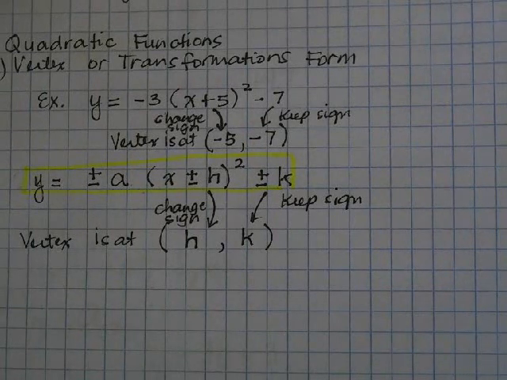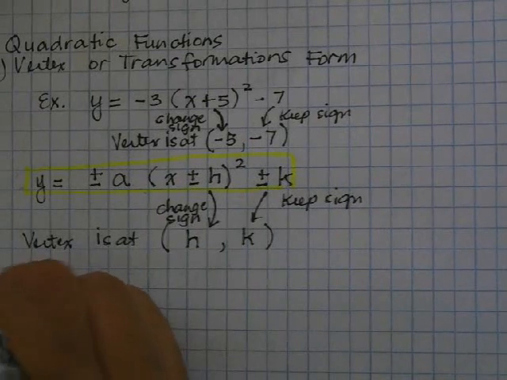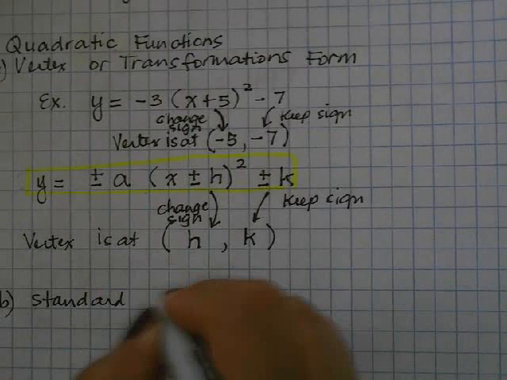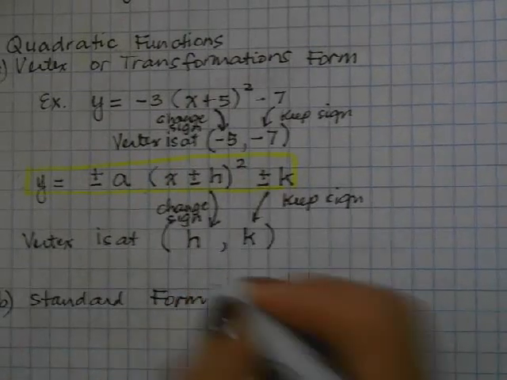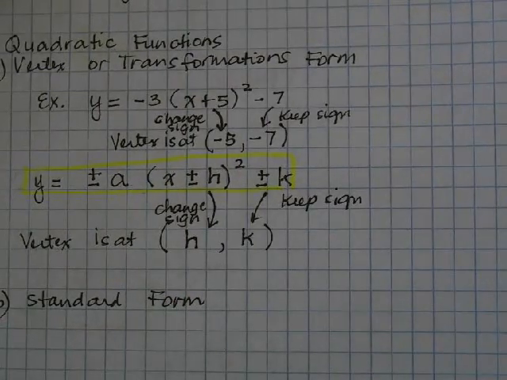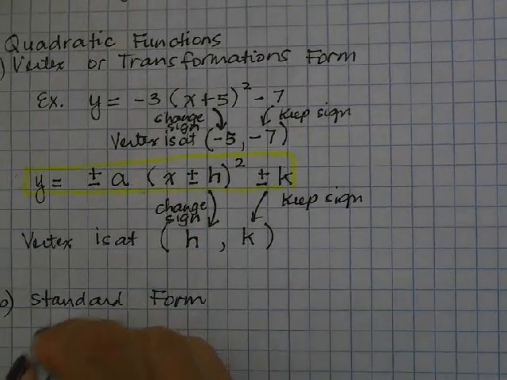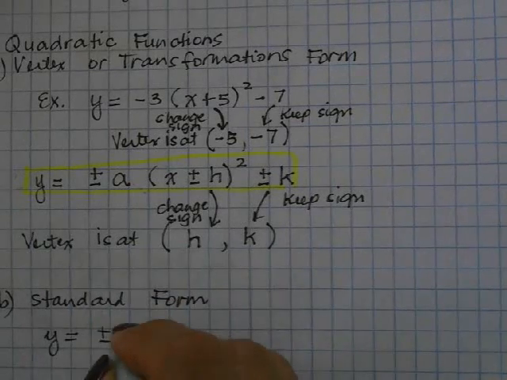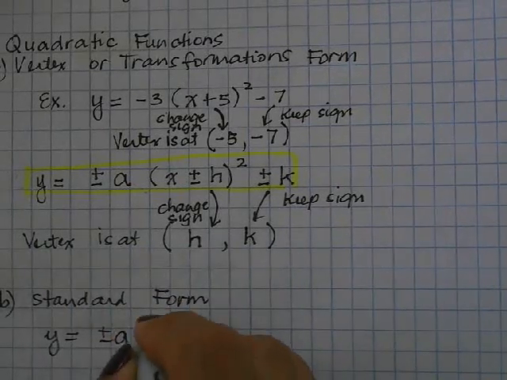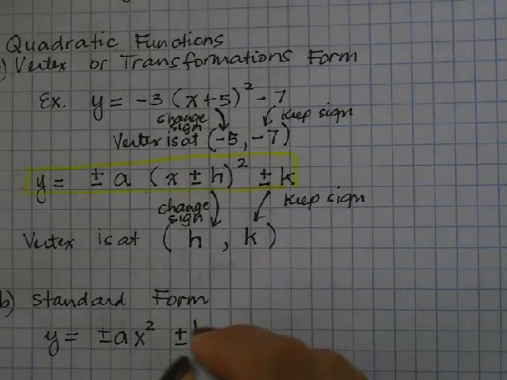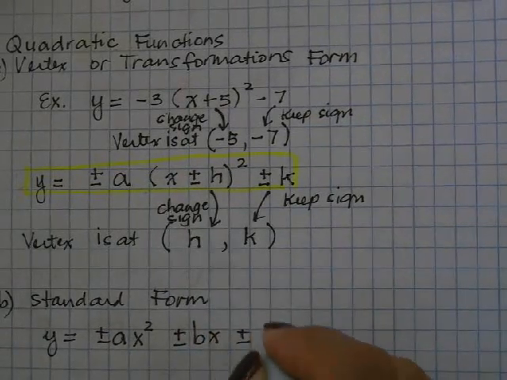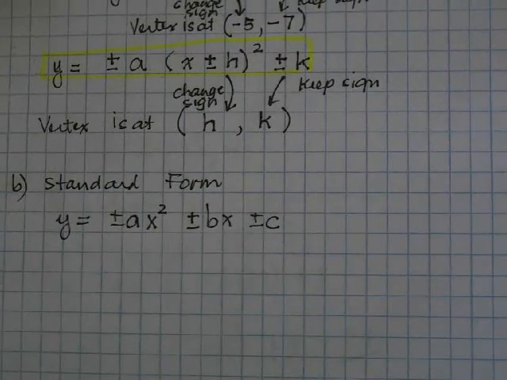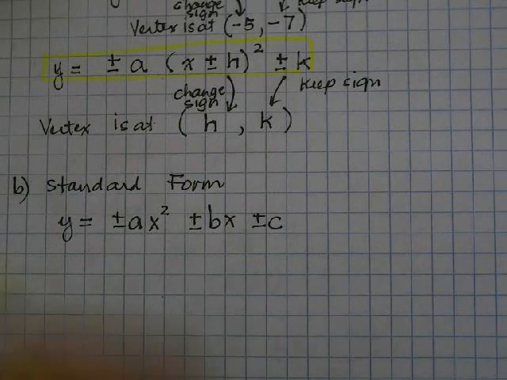It's called the standard form, and it will look like this: y equals plus and minus a x squared plus and minus bx plus and minus c. So that is the standard form of a parabola.